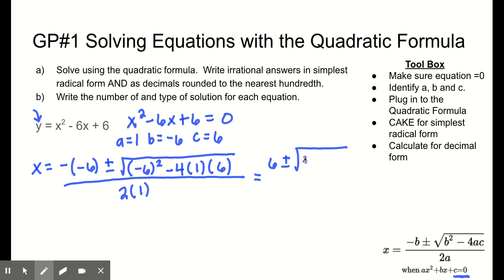Negative 6 squared gives us 36. Remember, that's a negative 6 times a negative 6. Negative 4 times 1 is a negative 4, times 6 is a negative 24. And 2 times 1 is 2. From there, we simplify inside the radical. So we have 6 plus or minus the square root of 12, divided by 2.